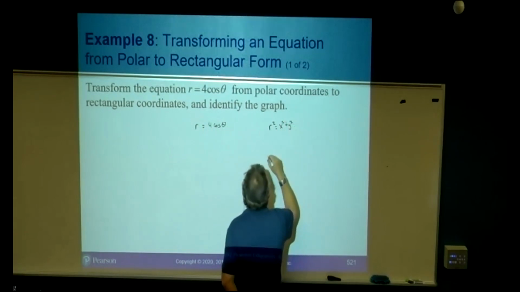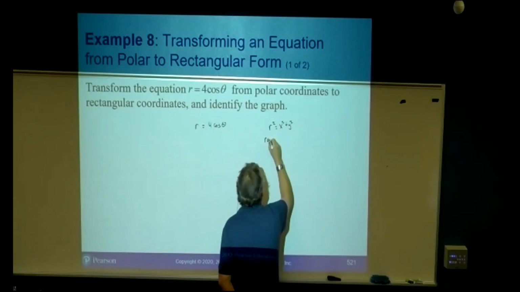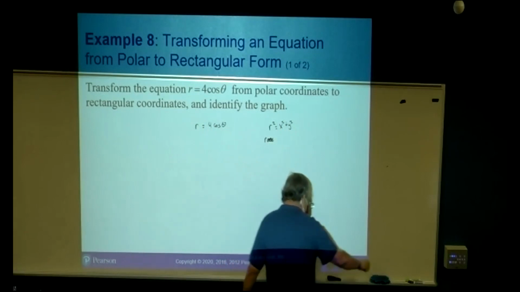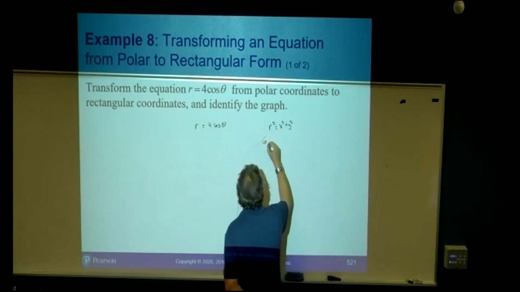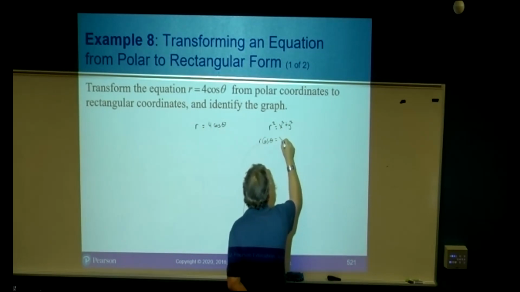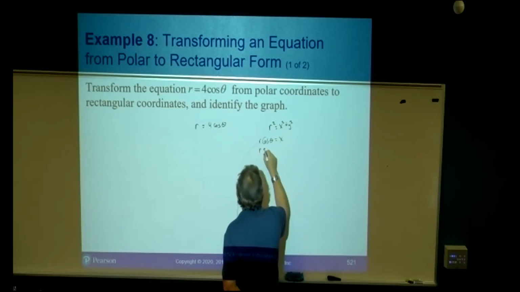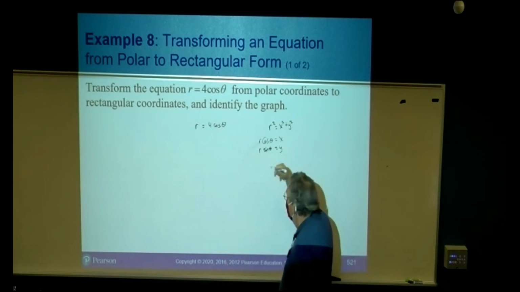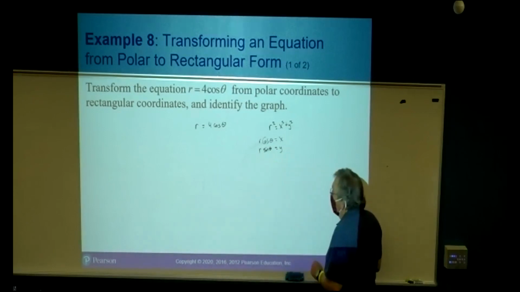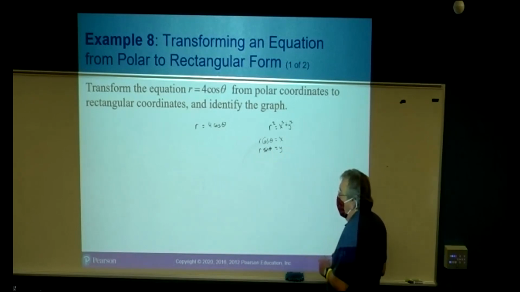And we want to use the fact that r cosine theta equals x, and r sine theta equals y. Well, I don't have r squared and I don't have r cosine theta.